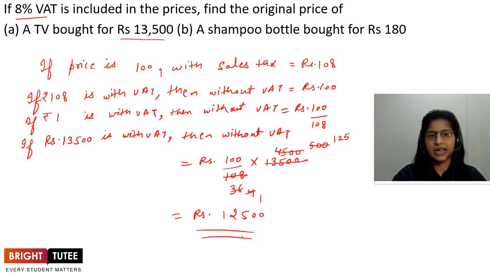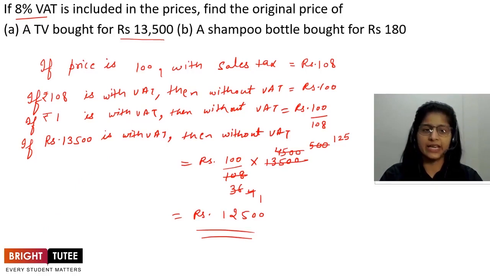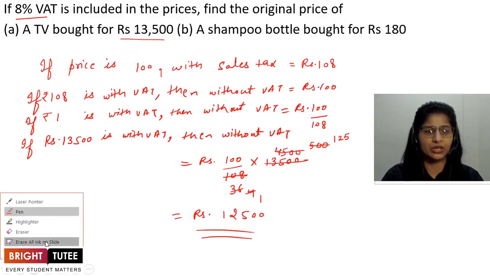Calculating for 108, the price without VAT is rupees 100. Then rupees 1 is with VAT and without VAT it will be rupees 100 upon 108. Then we have rupees 13,500 and when we solve it we get 12,500. Clear? Now we will do the second part B of this question.